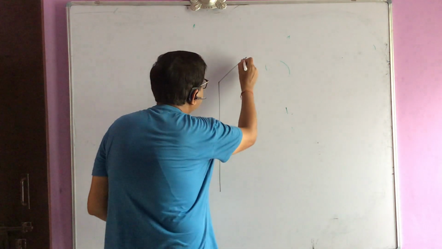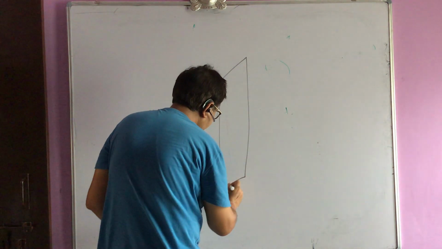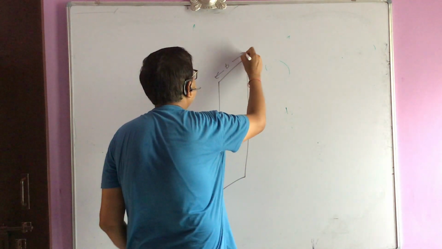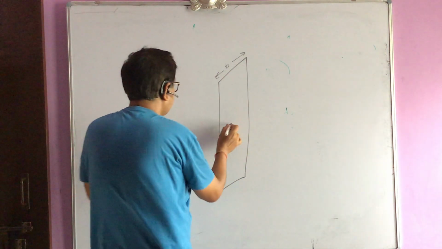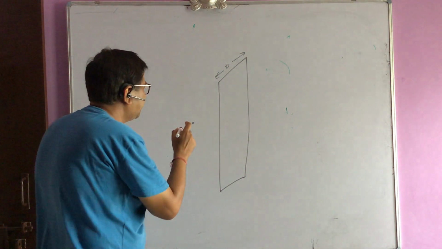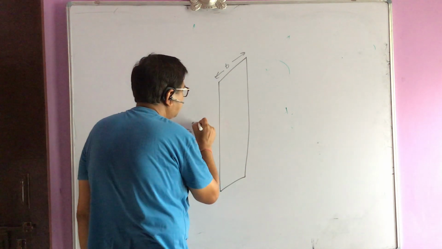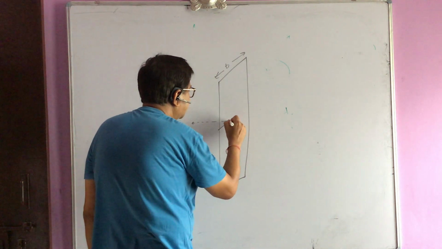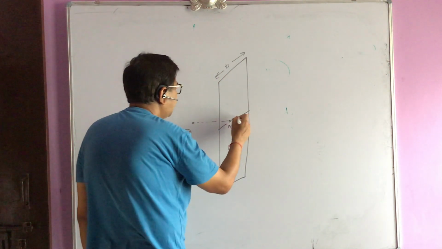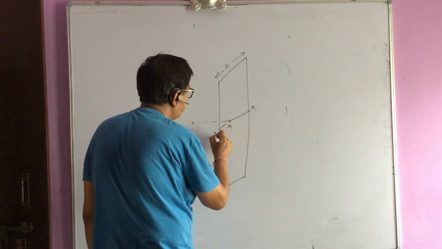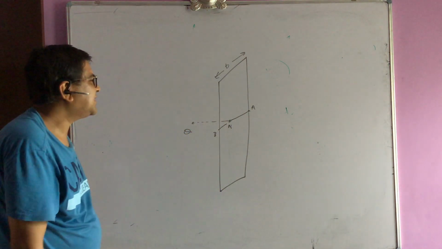For example, this is the plane sheet of width B, and it's a very long sheet, and in the surrounding I am placing the point charge. If you take the normal to this sheet from the point charge, it is coming at N, and from that normal, if I am moving along it, this point is, say, A and this point is B. So how to calculate the flux?